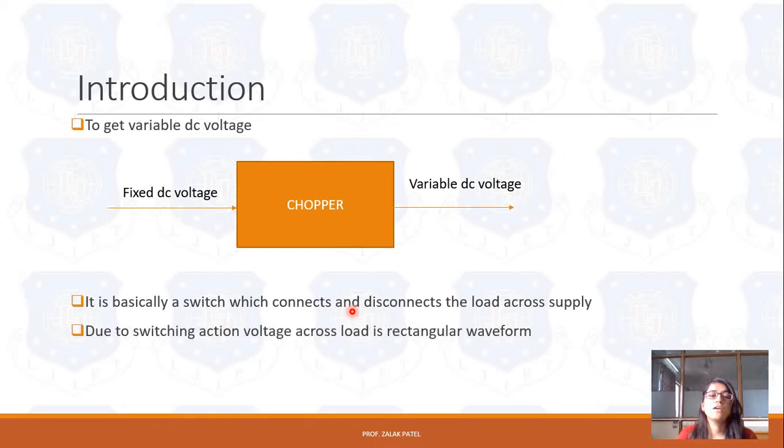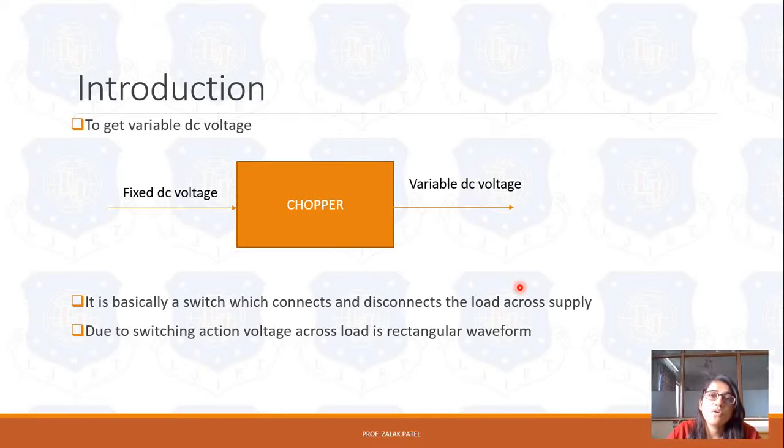Due to this switching action, switching meaning on or off, we can decide the shape of the waveform, whether it is a continuous one or a square or rectangular one. Which shape of waveform is created depends on the type of load connected across this variable DC voltage.